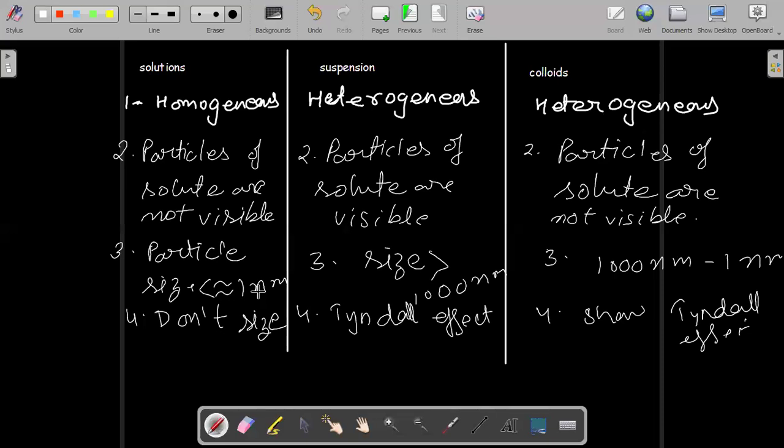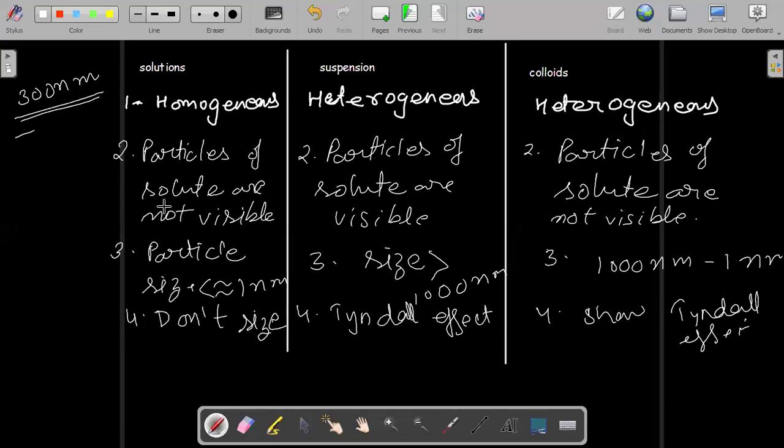The particle size should be a few hundred nanometers, approximately 300 nanometers or greater, from 300 nanometers to about a micrometer. Then it will show the Tyndall effect.